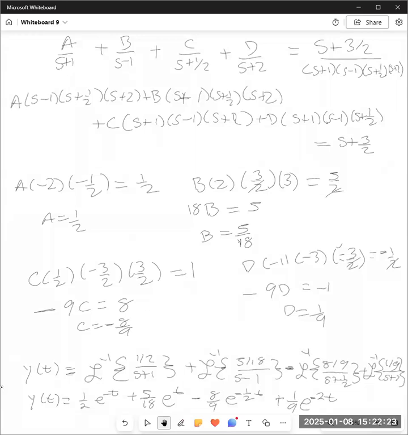All right, that's it, and that is everything for this video. You can see how you can use Laplace transforms to solve differential equations as long as you have the initial conditions for the function and the derivatives at t equal to 0.